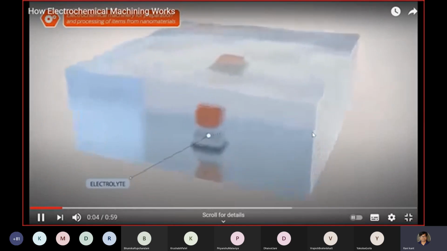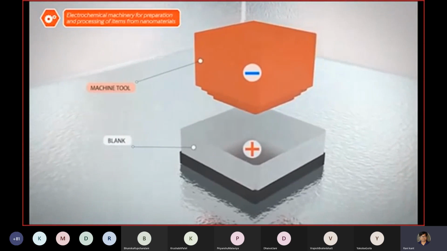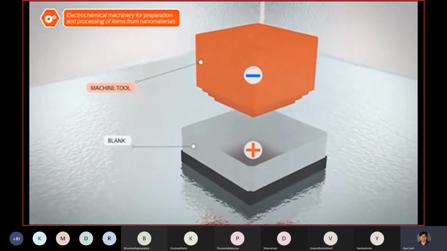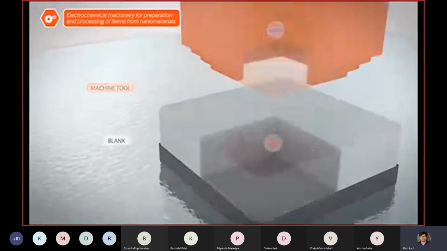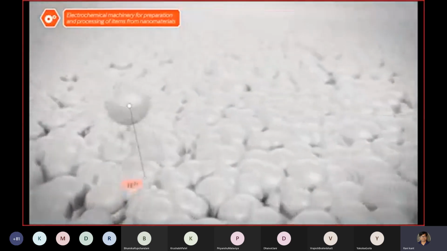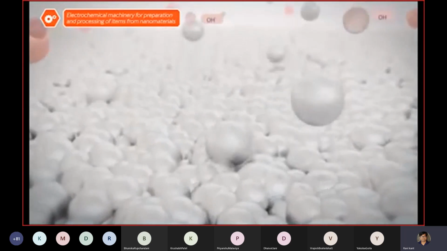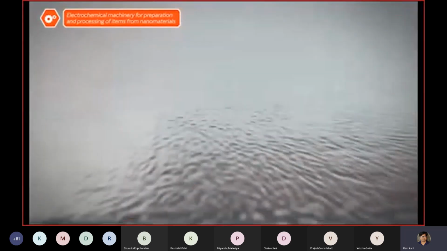Electrochemical machining, or ECM, is a way of machining a part without actually having any contact between the tool and the workpiece. The workpiece is charged positively, as you can see, and the tool is charged negatively. Between the two pieces, there is a tiny gap where they don't actually touch, but there is an electrolyte fluid between the two that slowly removes atoms.